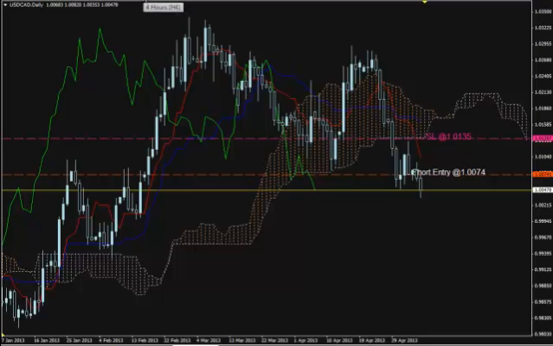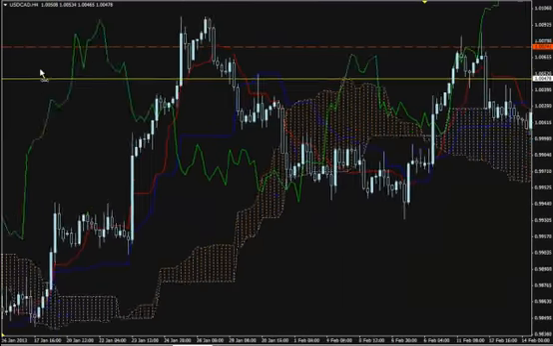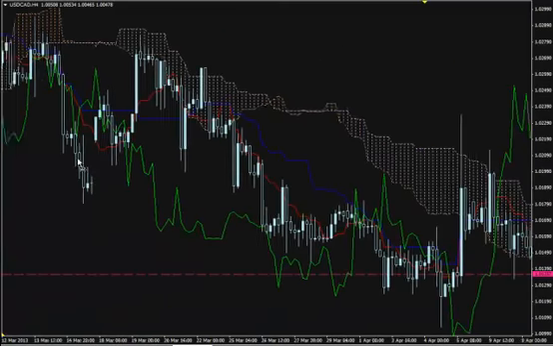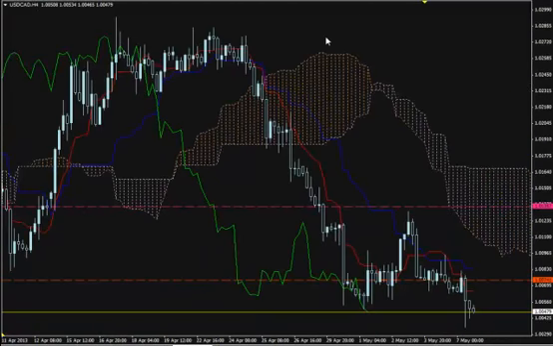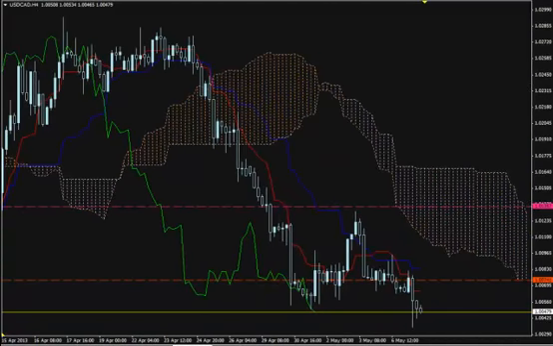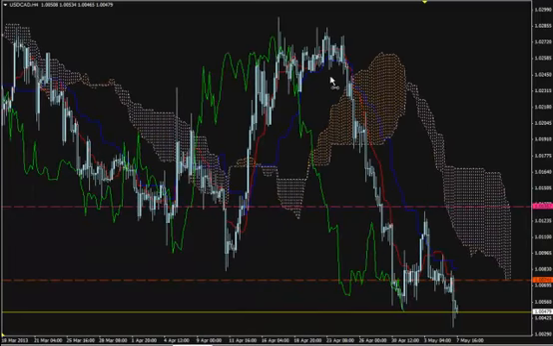Let's see what the H4 chart says for the pair on Ichimoku always. I will zoom it out. Look at the huge bearish cloud, bearish Kumo hanging down here. The price has fallen.